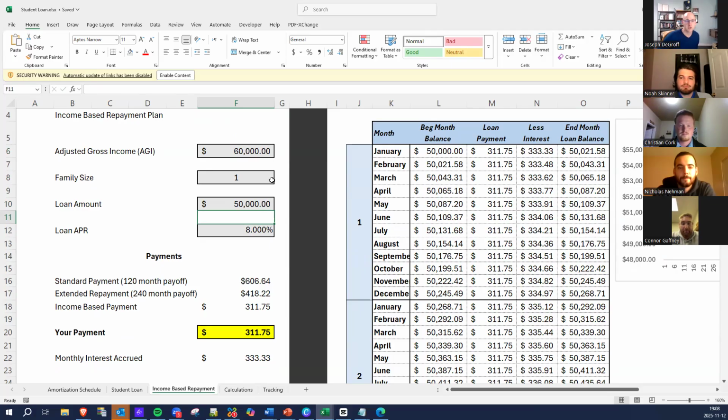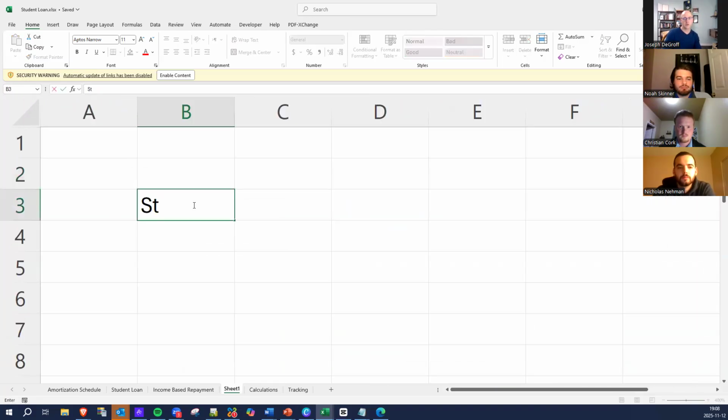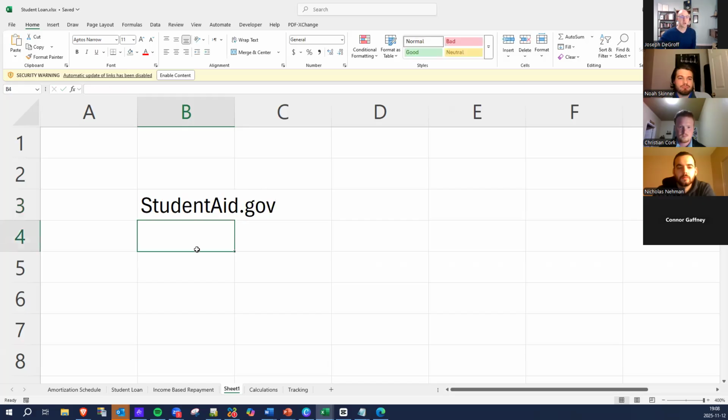Usually if you have student loans, to get them started you need to go to studentaid.gov. You're going to need to remember what your ID is for these. You can usually reset it, but anything associated with your student loans, this is your central portal.